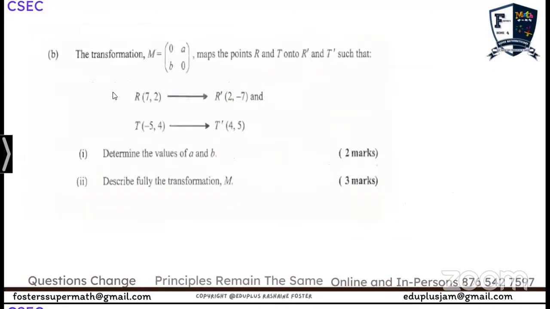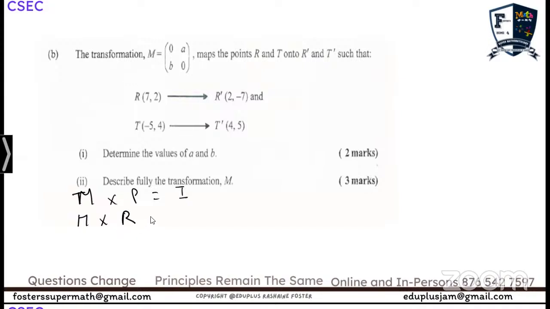Okay, there we are. All right, let's attack this one. Determine the values of A and B. So the matrix times the pre-image equals the image. What's my matrix here? That's M. What's the pre-image?